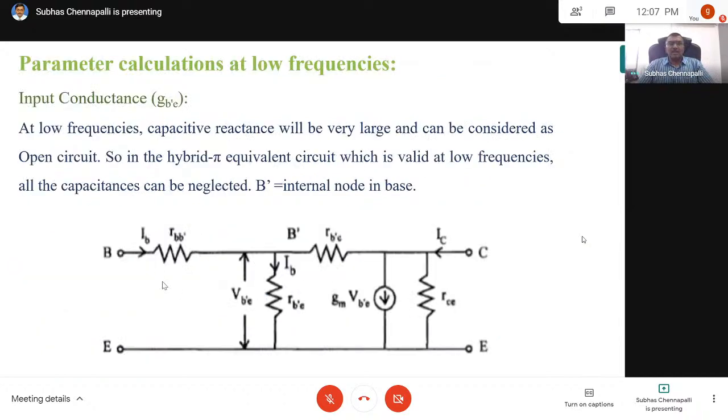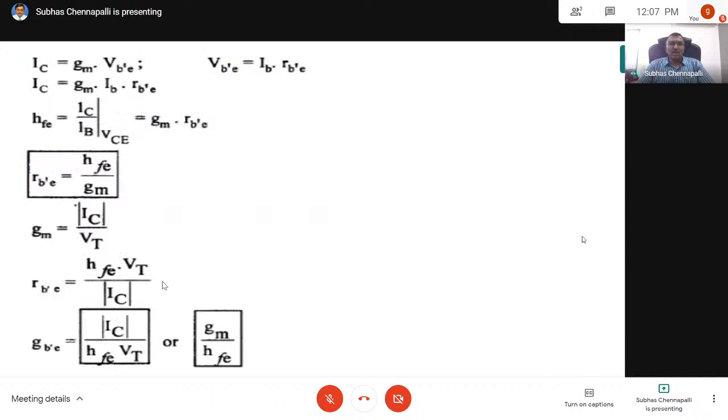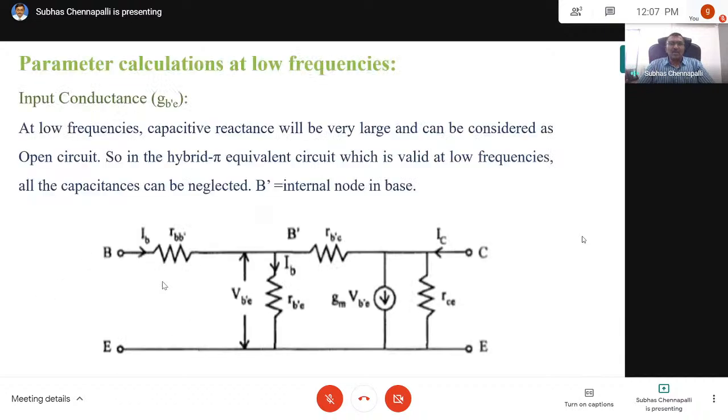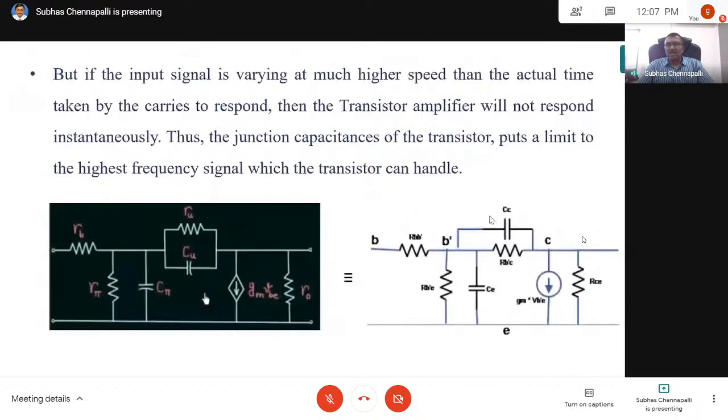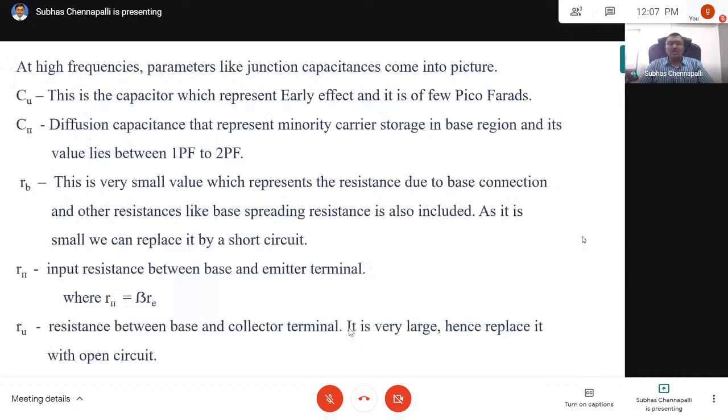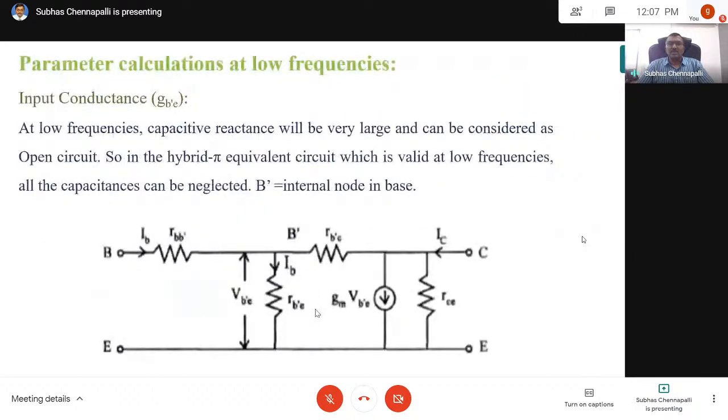Now I talk about the small signal model and we arrive at the formula for these various parameters. This is the resistance RBB dash, this is the nomenclature I have taken. I opened these capacitors because we are talking about the low frequency model. Just remove capacitors, you will get this one.